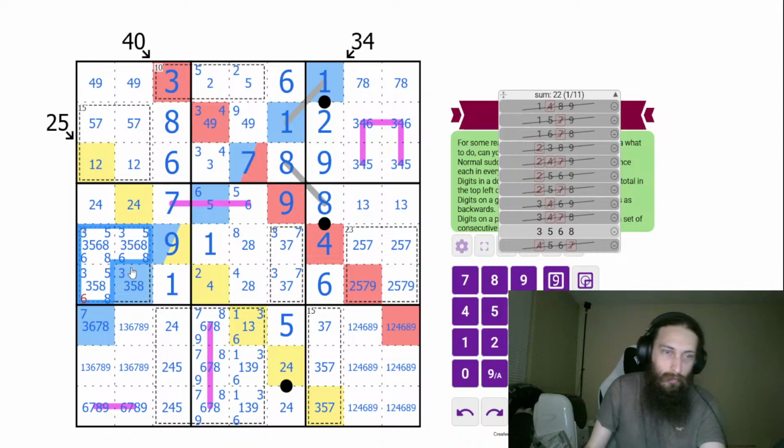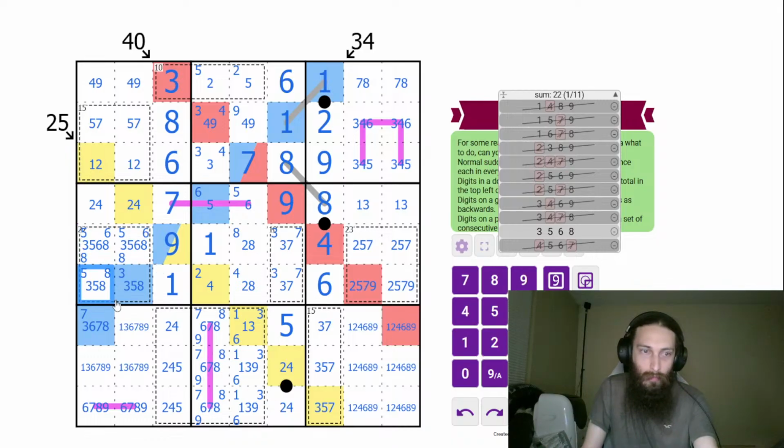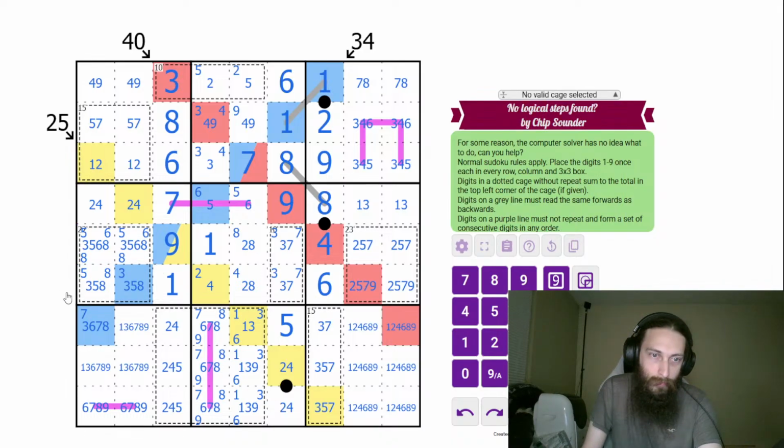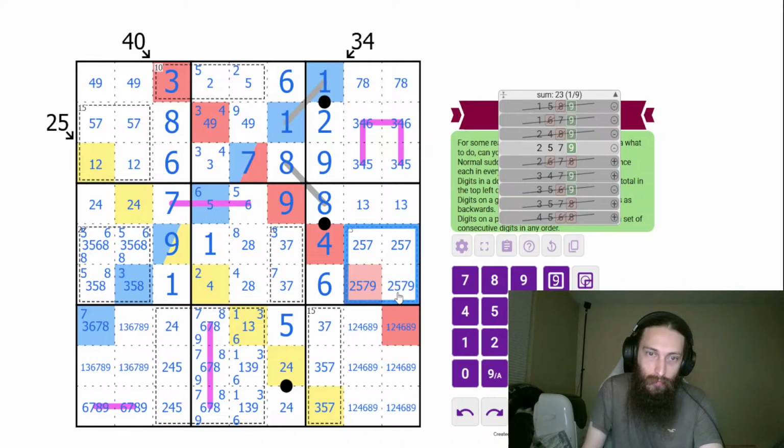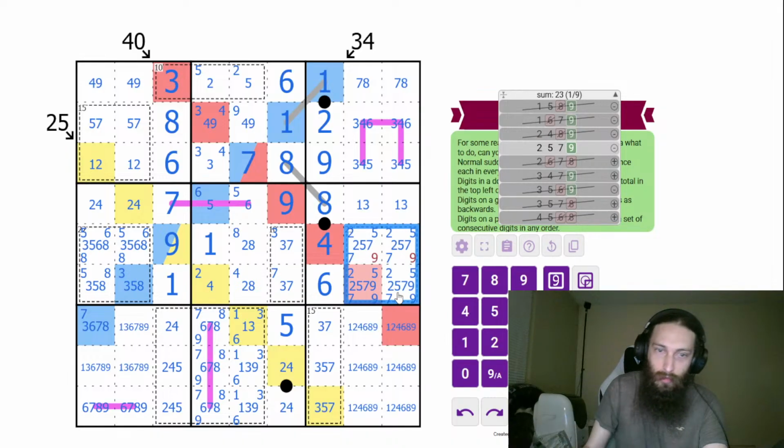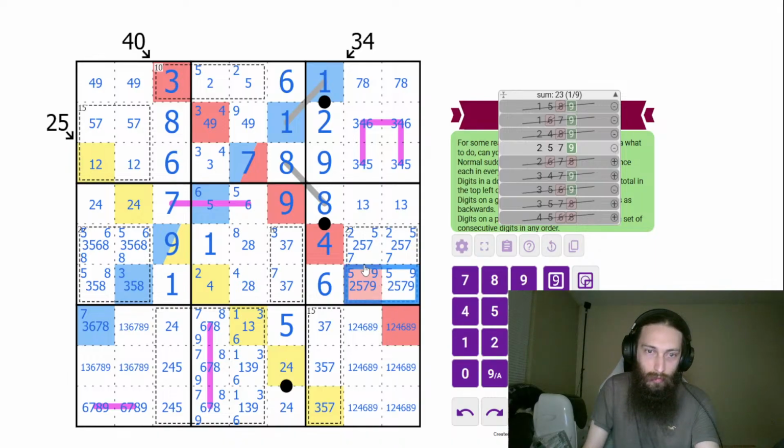Five, 6, 8. None of them would be 3. This could be a 6. That's a 3, then that fixes those. 2, 5, 7, 9. 9s are gone. 7s are gone. 2s are gone.